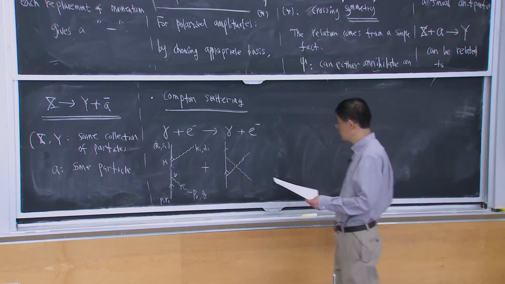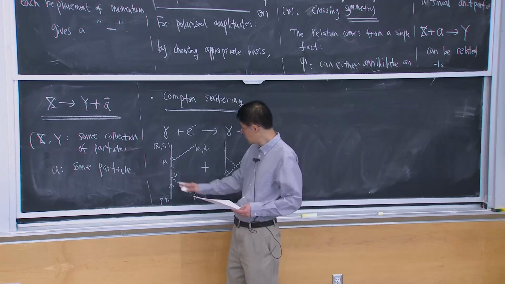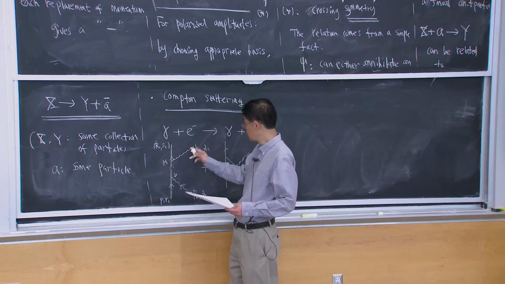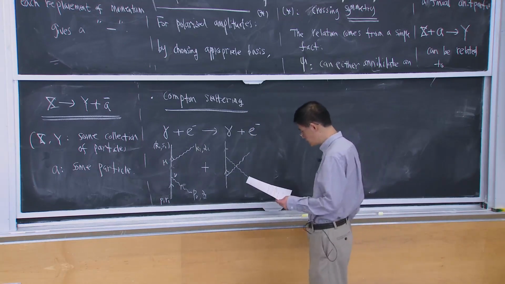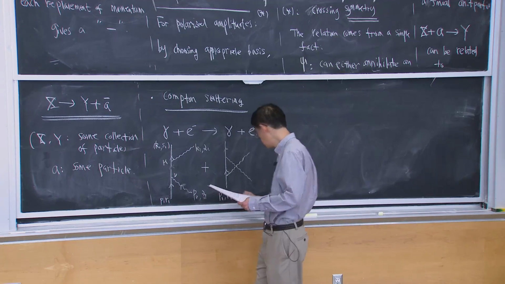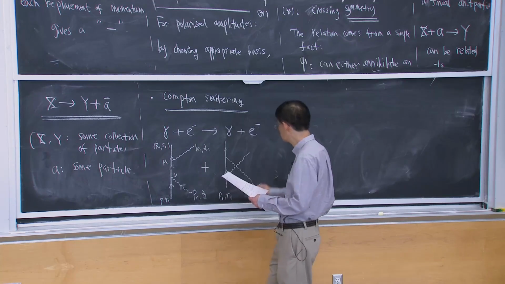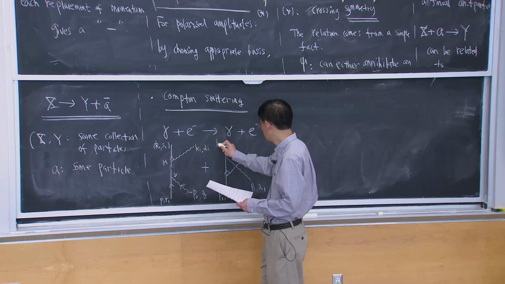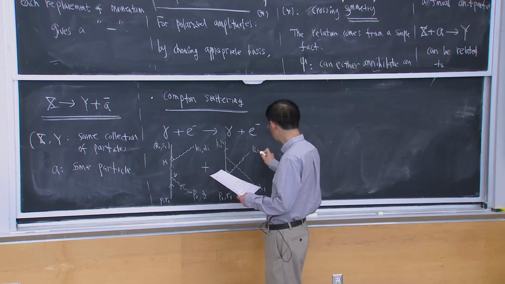I always imagine the momentum is coming in for the initial states and the momentum comes out for the final states. Okay. And for this diagram, it's the same thing. So I label P1 R1, this is P2 alpha 1, this is K1 S1, and this is K2 alpha 2.